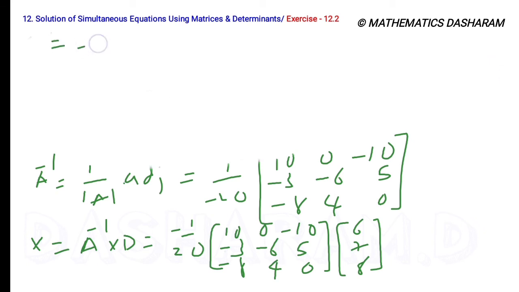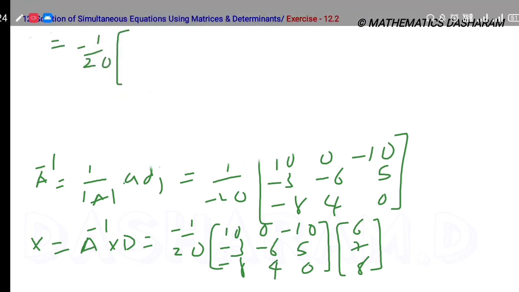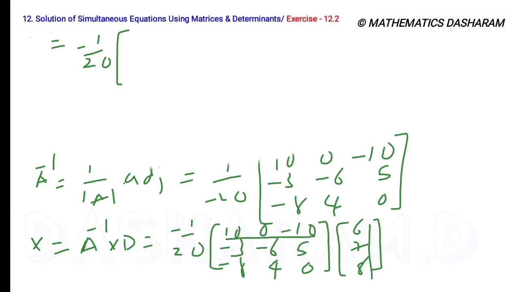It is equal to minus 1 by 20 into, multiplying the first row with the first column, 60 plus 0 plus minus 80. Next, second row with the first column: minus 18 minus 42 plus 40.